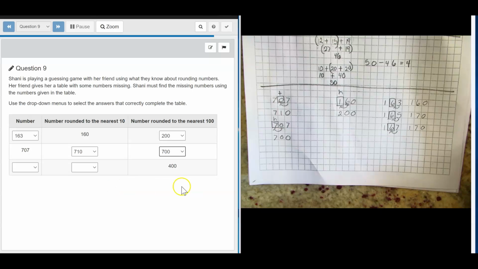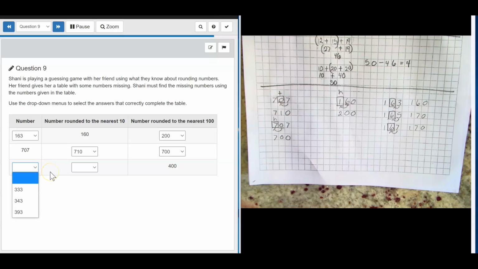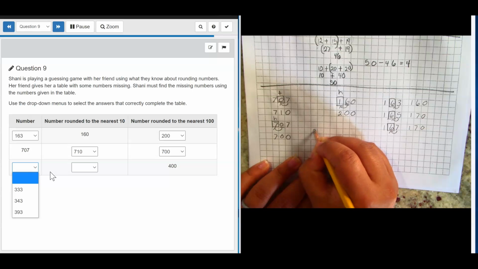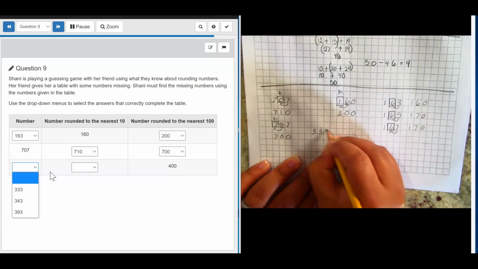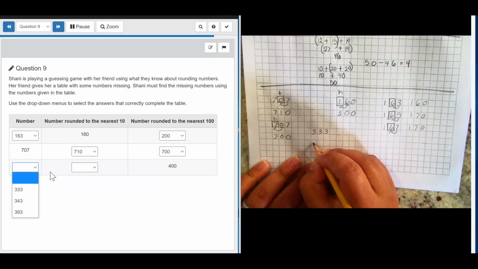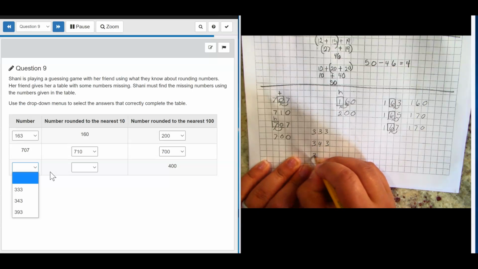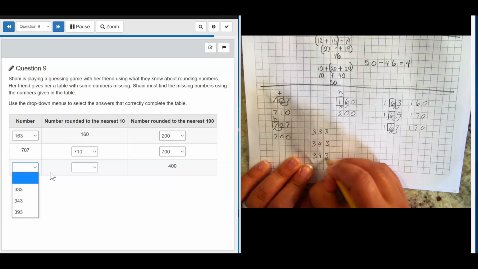Next, we're going to be looking at 400. That one's already rounded to the nearest hundreds. So I'm going to see if I can find what number rounds to 400. I'll write my numbers here: 333, 343, and 393.